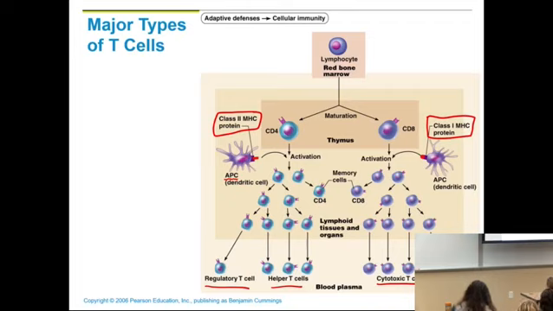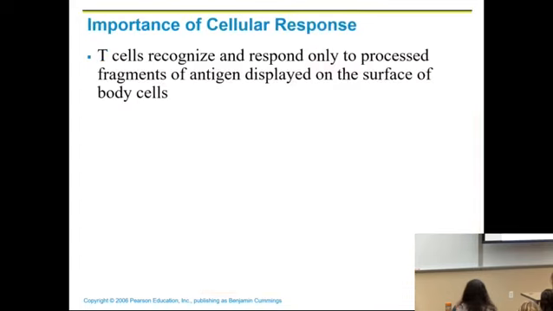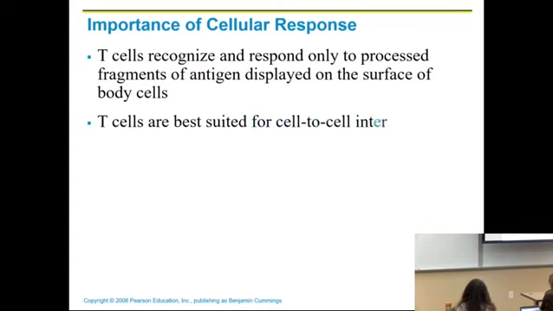So the MHC2 molecule is only found on antigen-presenting cells, and it is used to present those foreign ingested organisms with their foreign antigens, right? So we'll talk about that a little bit more as well. So now we're getting into these T cells that are able to inspect these different types of self-antigen and process them and then respond as necessary, okay?